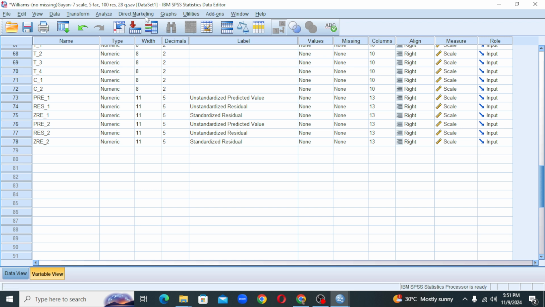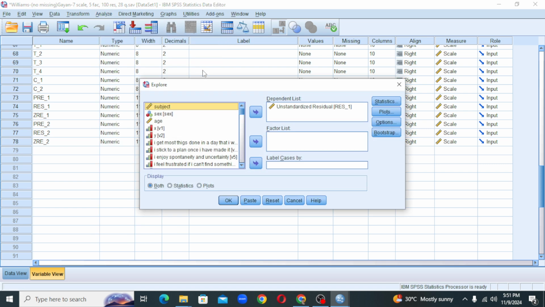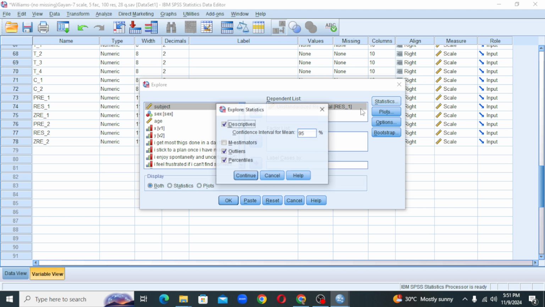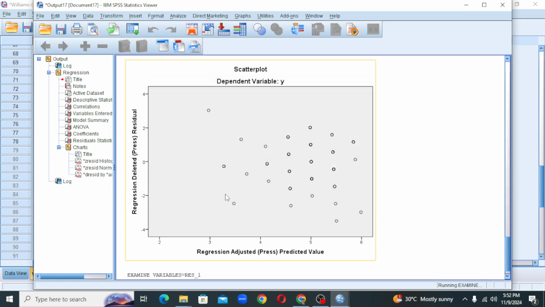Now we will be moving on to the analysis of normality for residuals. For that, select Analyze, Descriptives, Explore, and you have to select Unstandardized Residuals, and thereafter under Statistics, select Outliers, and under Plots, select Normality plots with tests, and histogram also selected, and continue and press OK.